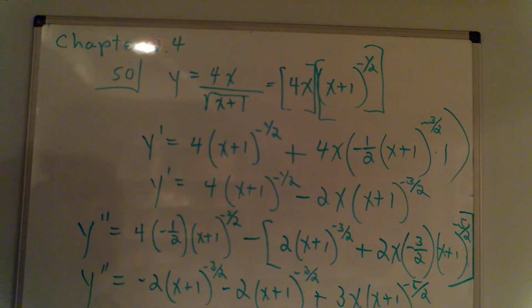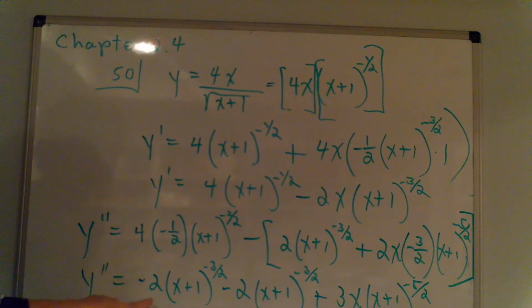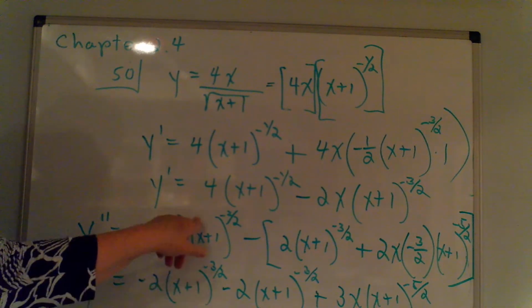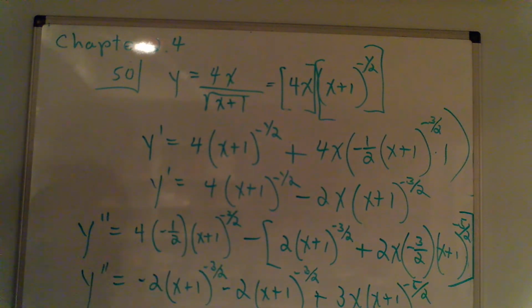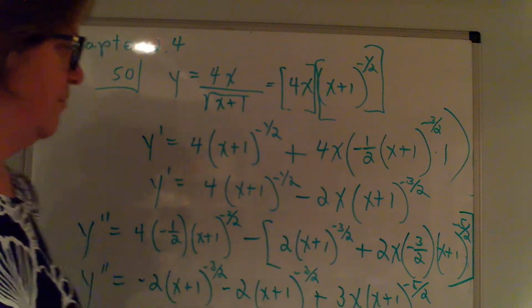But then again, if we had a specific x value that we needed to know the derivative of, oh, notice, wait a minute. Negative 1/2 times 4 is negative 2, and this was x plus 1 to the negative 3/2. And then we have minus 2x plus 1 to the negative 3 halves.